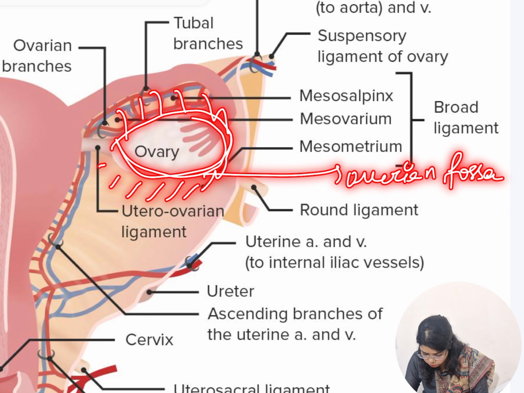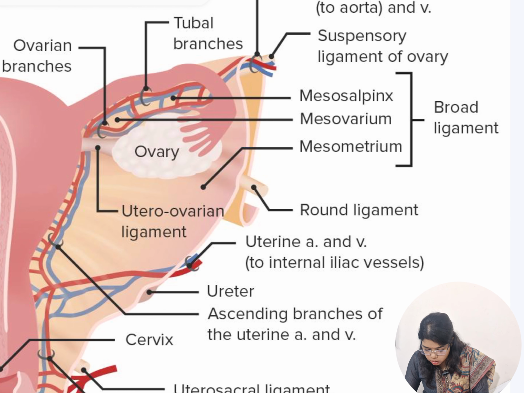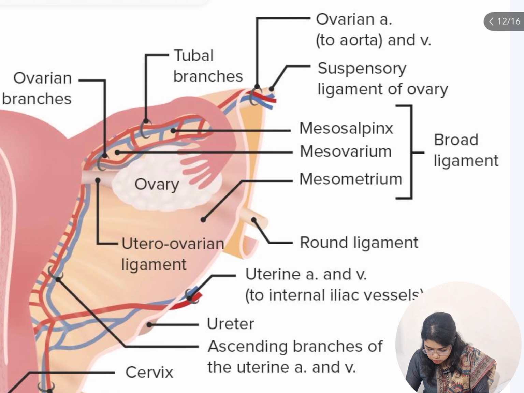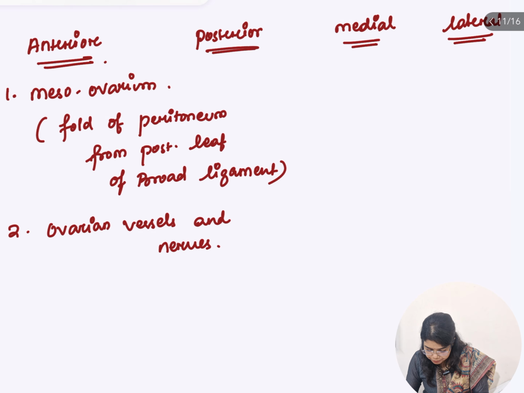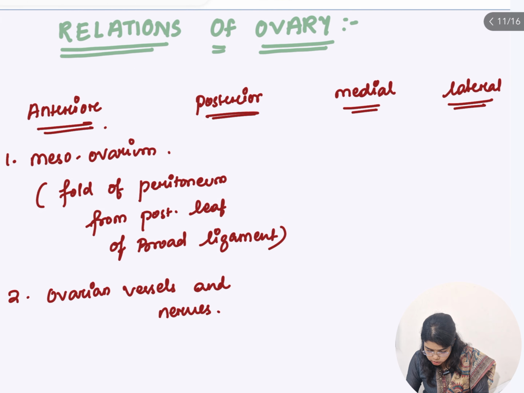Above it lies the ovary, and anteriorly there is the posterior leaf of the broad ligament, which contains the ovarian vessels. Then the posterior relation: posteriorly it is free, that is, the presence of the ovarian fossa.